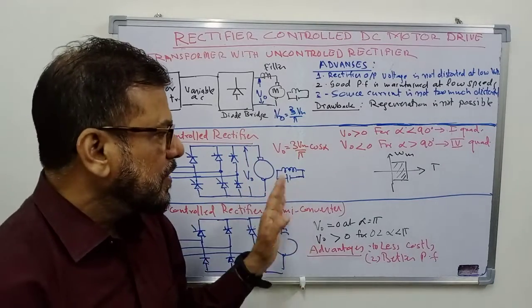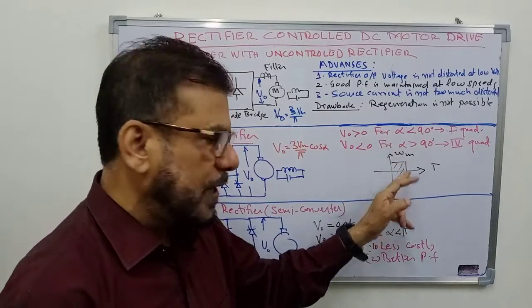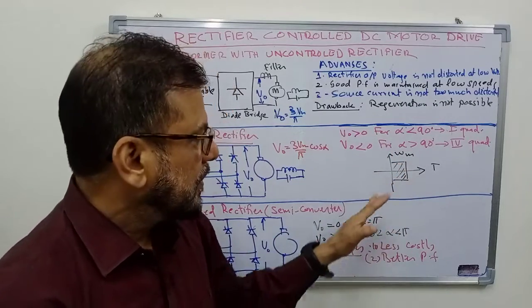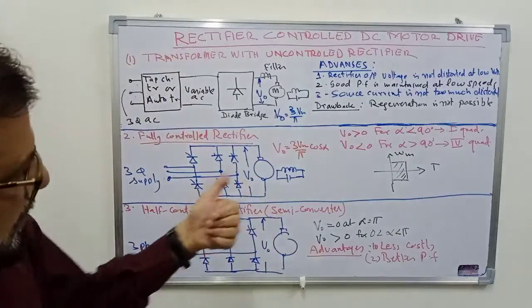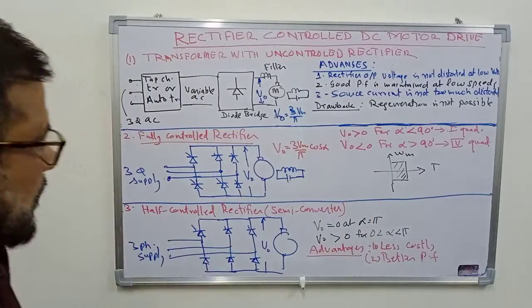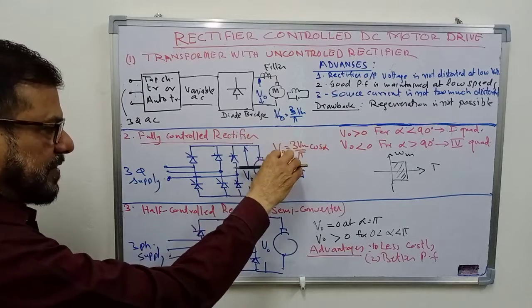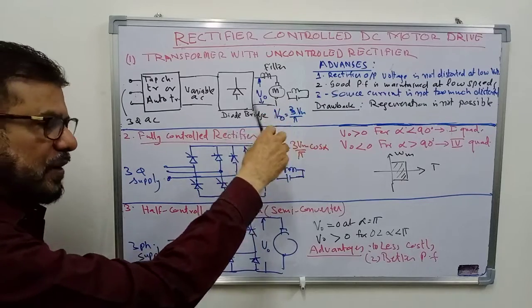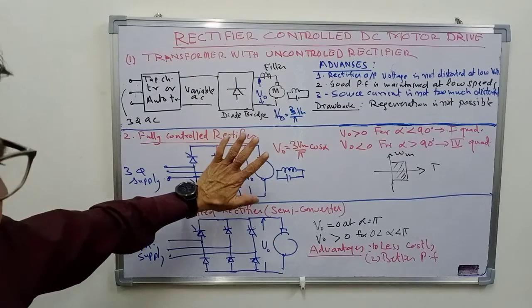So this means that you can have two quadrants of the speed torque plane possible, the first quadrant or the fourth quadrant. The second and third quadrants are not possible because current cannot flow in the reverse direction. These thyristors do not allow the flow of current in the reverse direction, so current reversal as such is not possible.